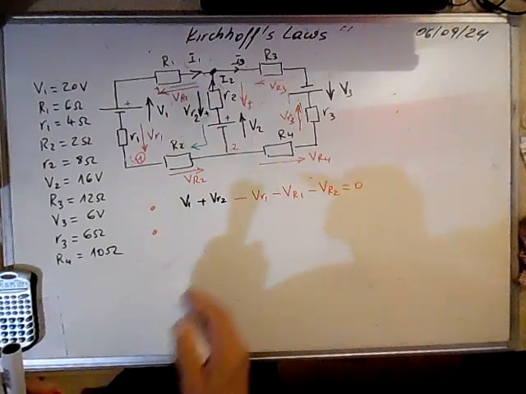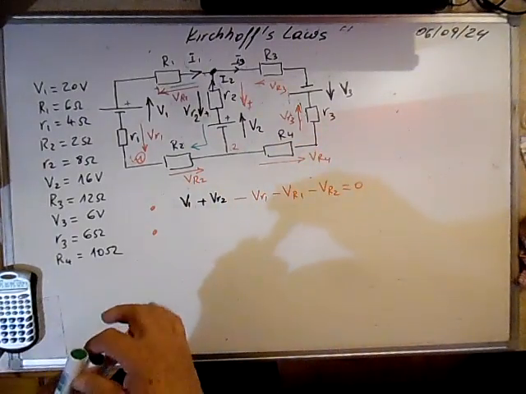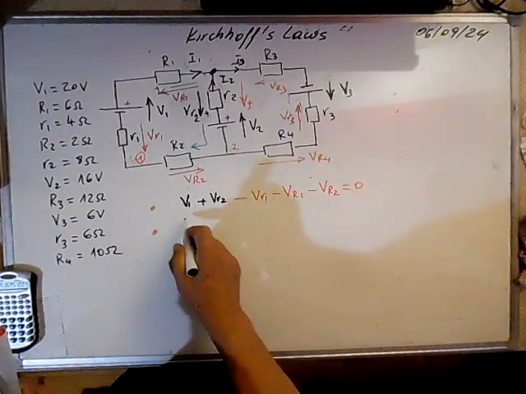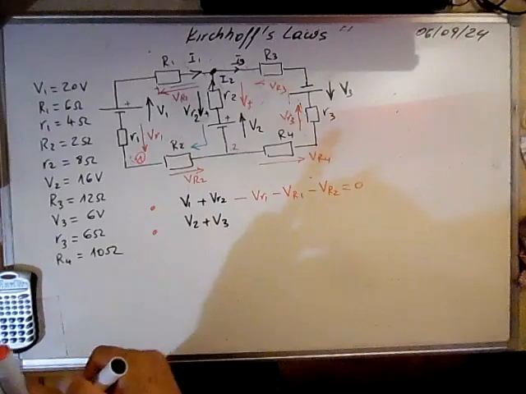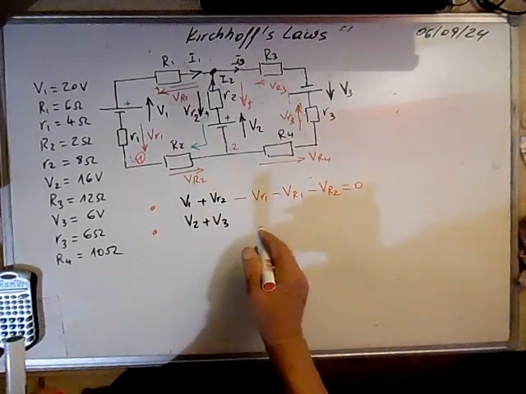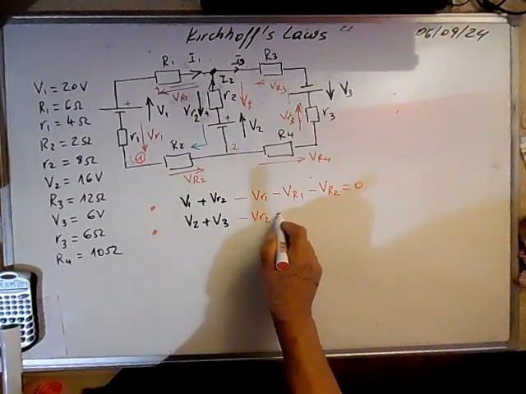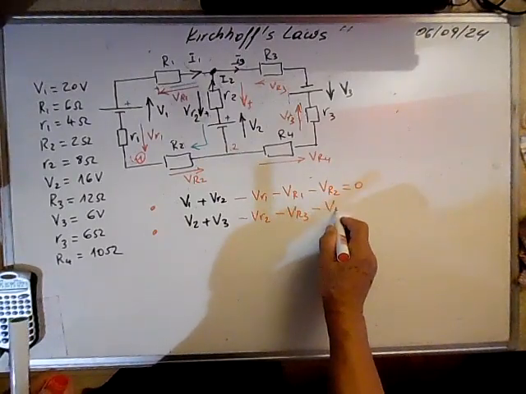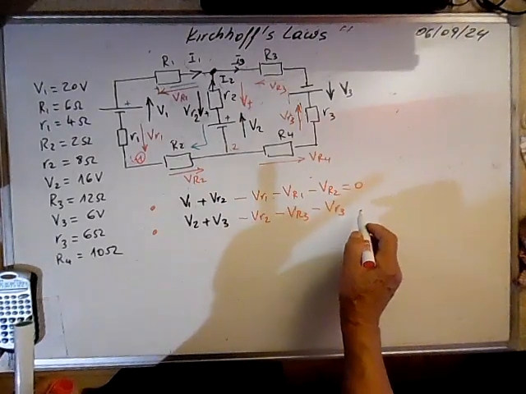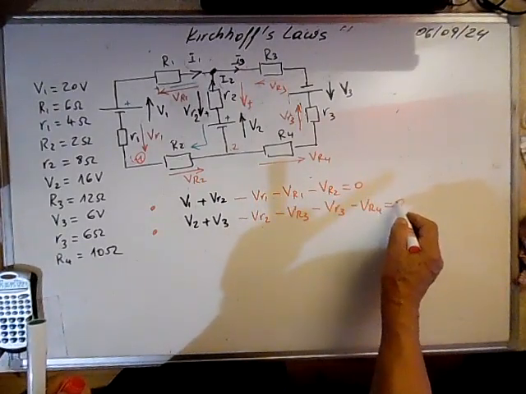Okay, we can say that V2 plus V3, minus VR2 minus VR3 minus VR small letter VR3 minus VR4 is equal to 0.